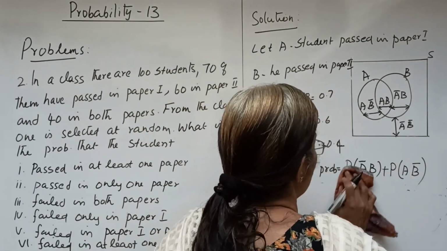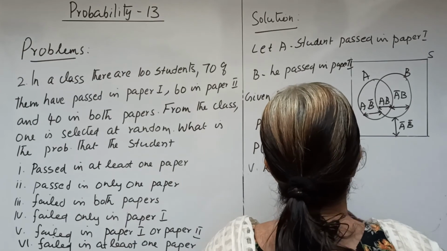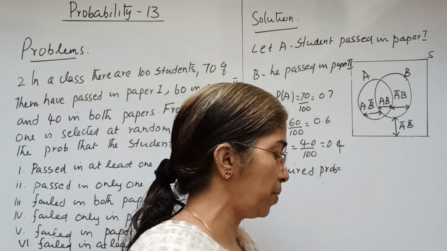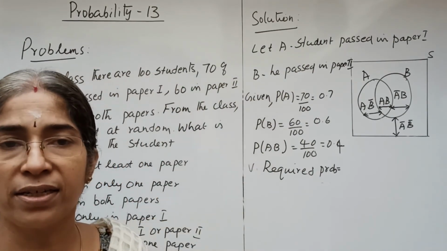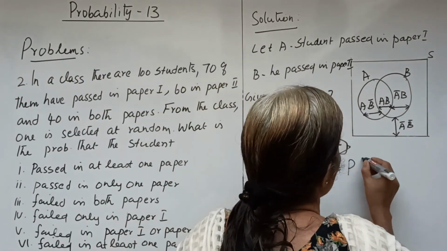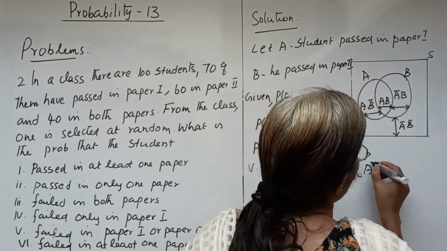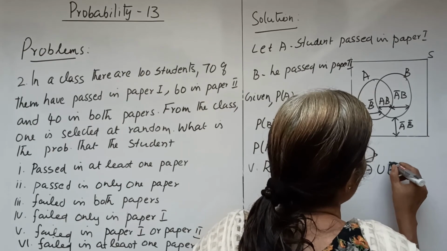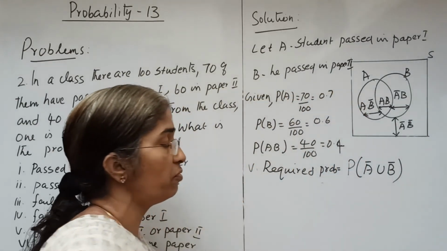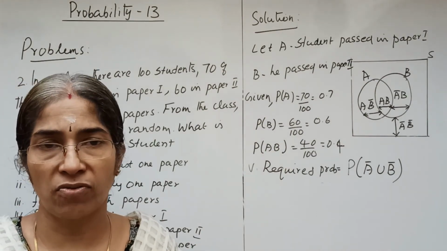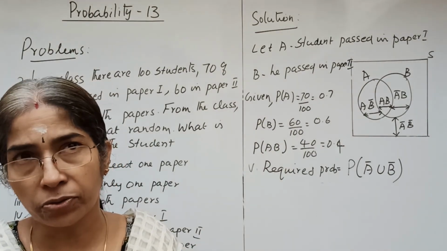Now we consider the next case. What is the probability that he failed in at least one paper? He failed in at least one paper means the required event is he failed in either A or B or both. At least one means either the occurrence of one or the occurrence of two, isn't it?